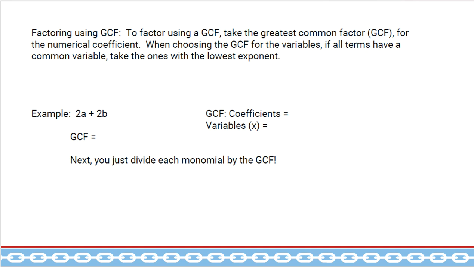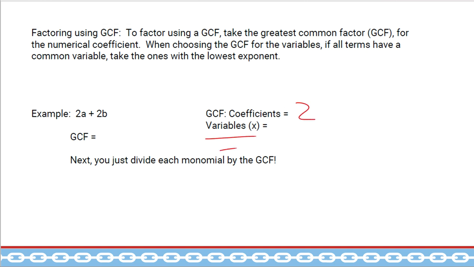So let's see here. We have 2a plus 2b, right? So our greatest common factor of the coefficients, right? Coefficients are the numbers out in front, right? So they both have a 2. So the greatest common factor of the coefficients is 2.